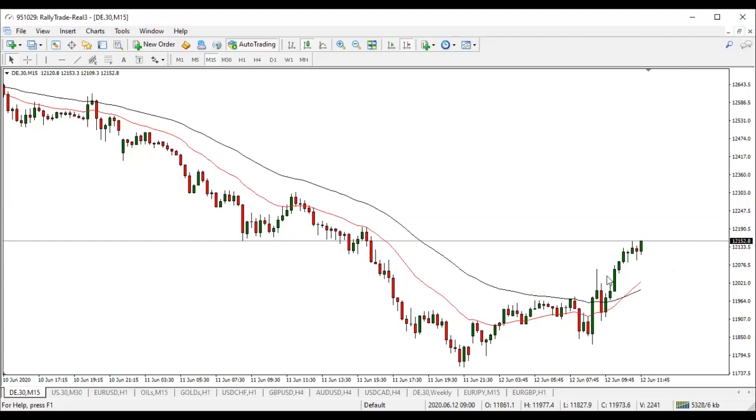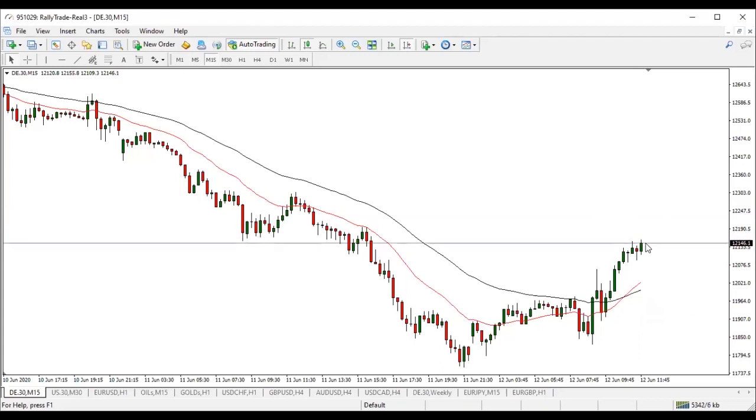What I mean is this: if this price, currently at 154.3, retraces, like trades down a little bit to meet the red moving average, that's the 21 period, or the 50 moving average at this level, that's on this 15 minutes chart now. If it retraces and meets these ones and returns with a pin bar, like a bullish pin bar, you can just place your trade and you can be assured you make money.